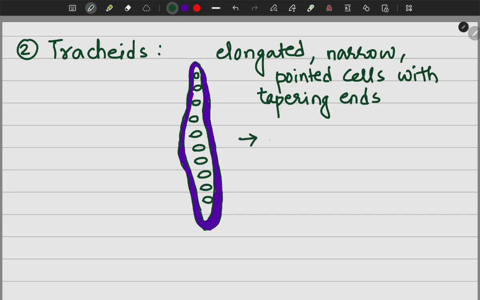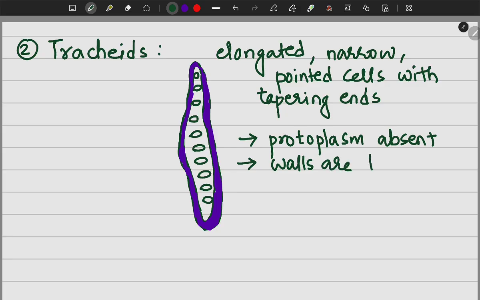Alright, protoplasm is absent because they are dead cells. Walls are thick and lignified.